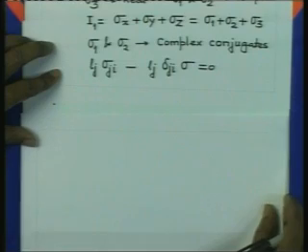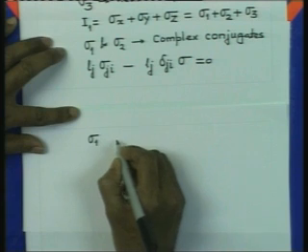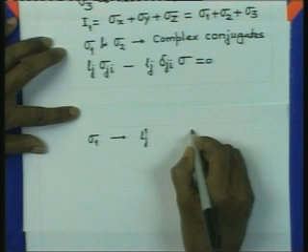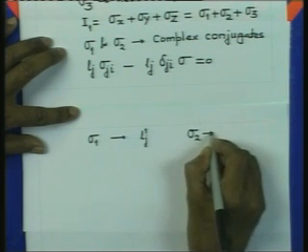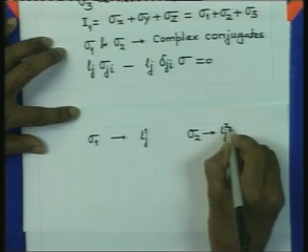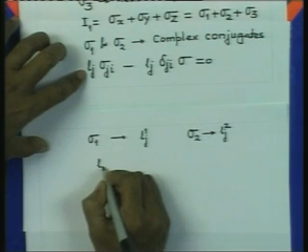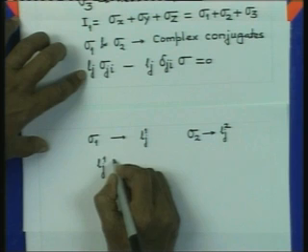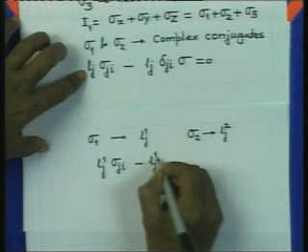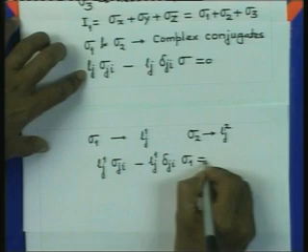Let us write that the direction cosines corresponding to sigma 1 is Lj superscript 1. Similarly, for sigma 2 it is Lj superscript 2. Now, this equation we will have for each: Lj1 sigma ji minus Lj1 delta ji sigma 1 equal to 0.